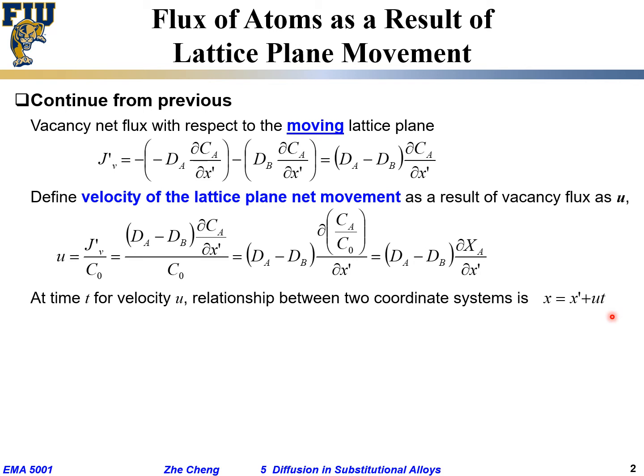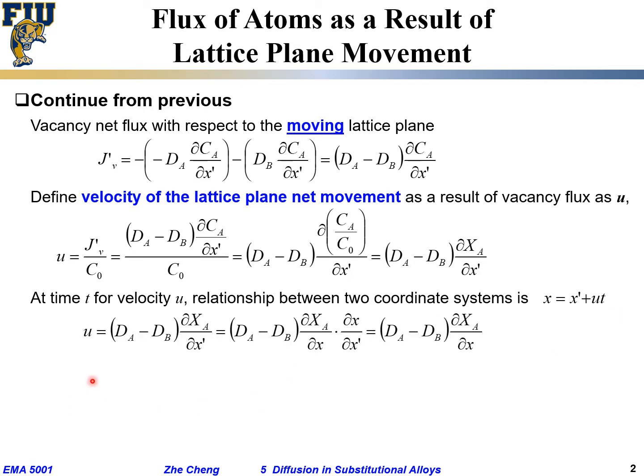Make sense? So as a result, do you see that this velocity would be just dA minus dB times partial x A prime, when we are doing this manipulation. x prime is still here, but partial x in the denominator, partial x in the numerator, right? I just put it here. And what is the partial x with partial x prime from here? It's 1, right?